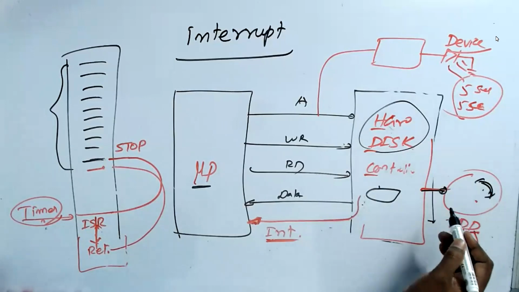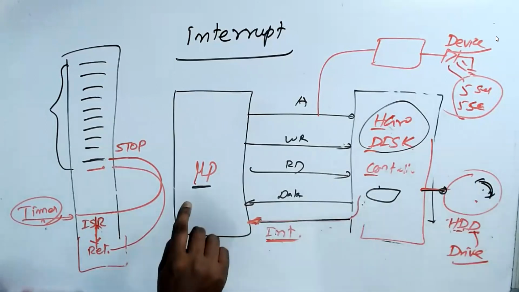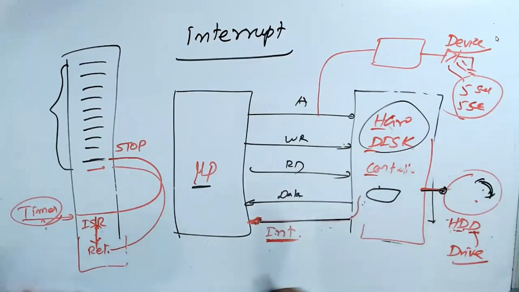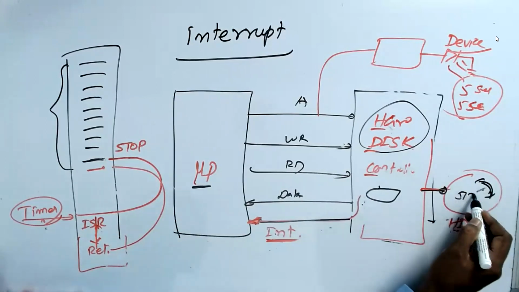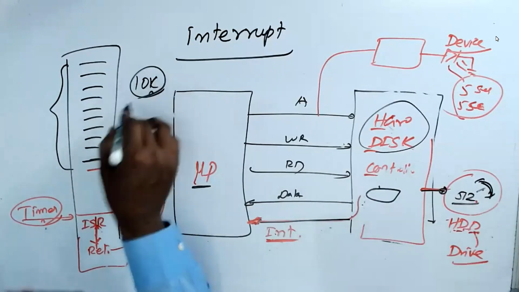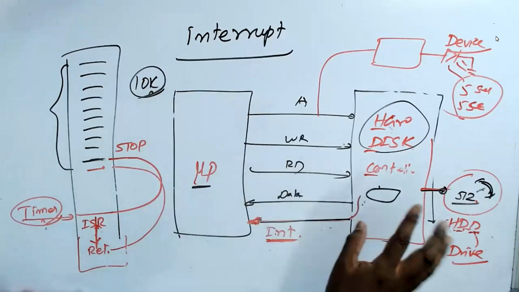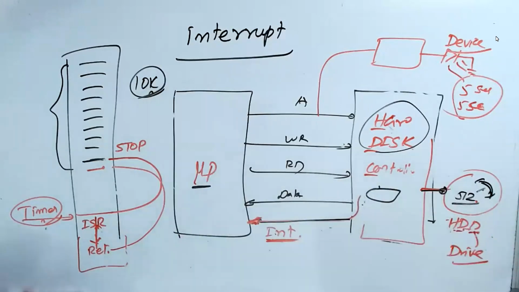Then it will give an interrupt saying that I have completed. Then only the microprocessor will give the next data. Normally, let's say each sector is 512 bytes. You want to write a 10K file. Then after every interrupt, I'll start giving another data. We'll be doing that. So these are all the fundamental operations of processors.